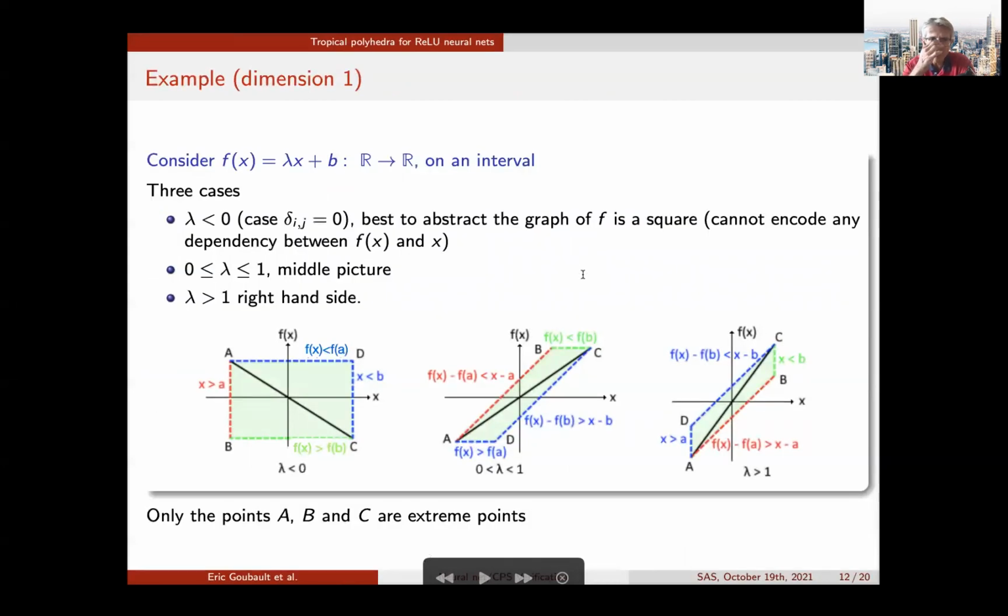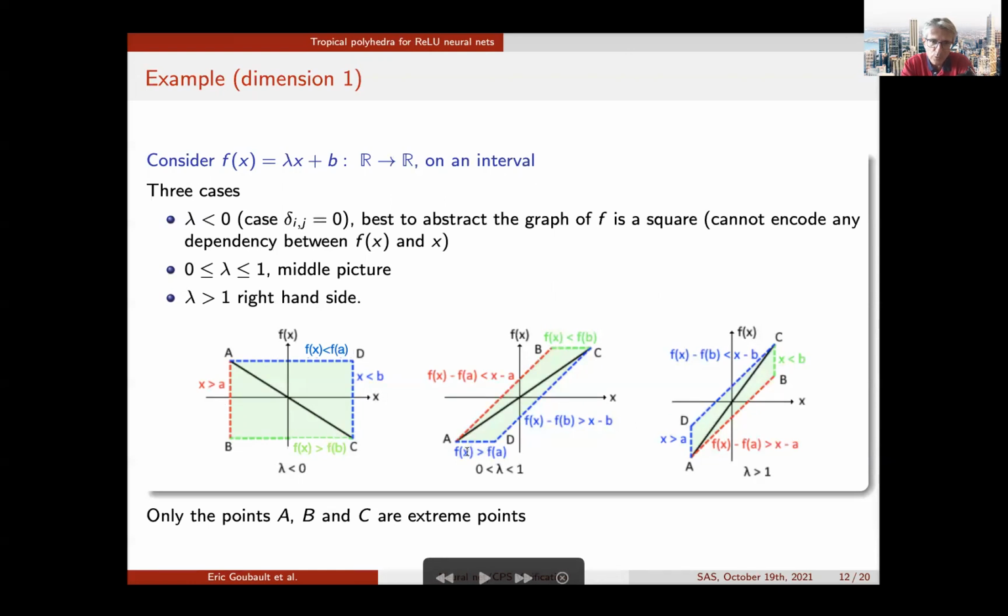So it's easy to describe on simple examples. For instance, for f from R to R, you have three cases. If the slope of f, lambda, is negative, if it's decreasing, then the best abstraction is actually a box, an interval-based abstraction. If you have a slope which is positive, then you have two cases, above 1 and below 1, which give pretty similar shapes, actually, the green shapes here.